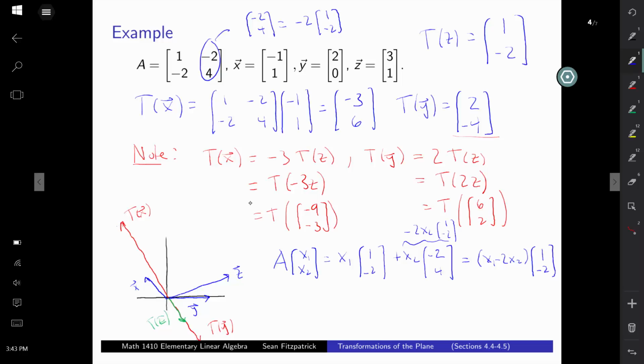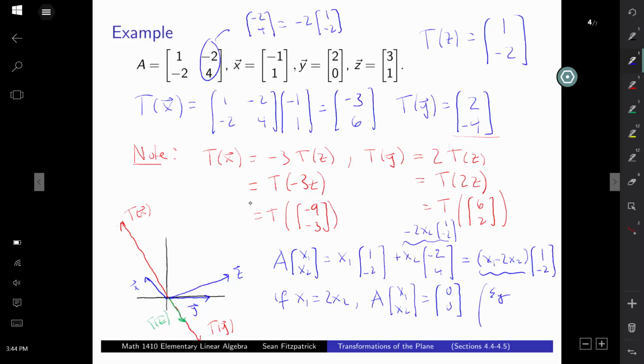The other thing you might notice is that from here's my coefficient: if x1 is equal to 2x2, then I get 0. We know that the 0 vector goes to the 0 vector, but in this case there are actually lots of non-zero vectors that also go to the 0 vector.